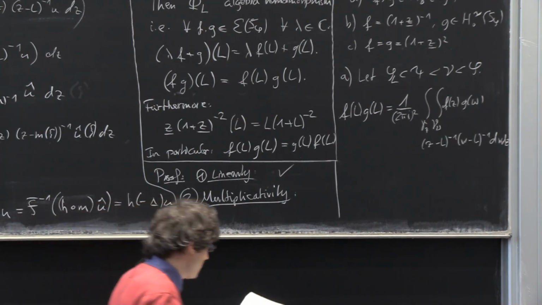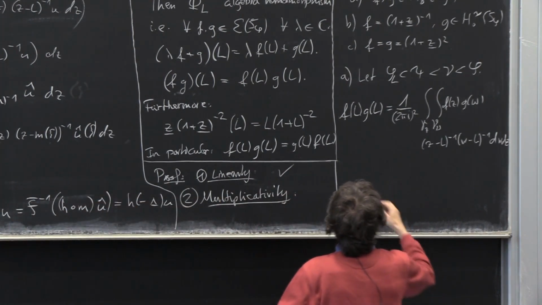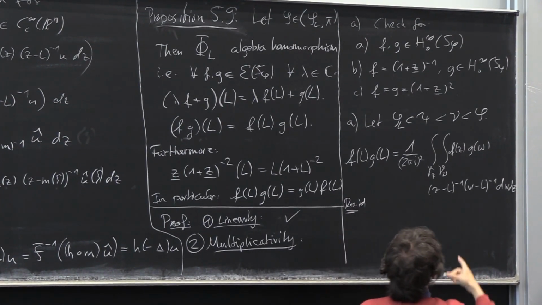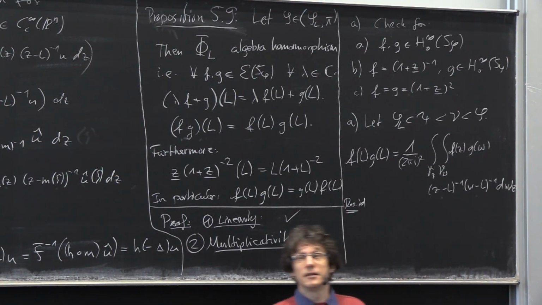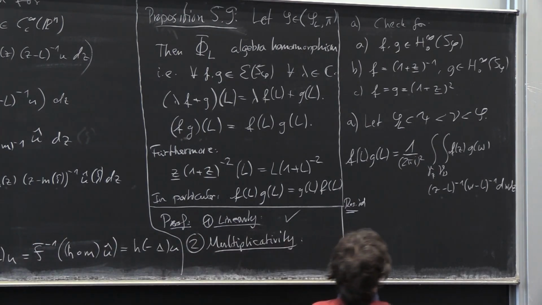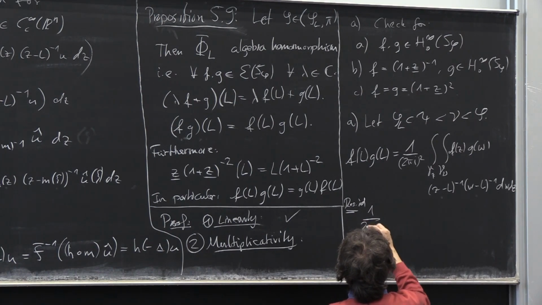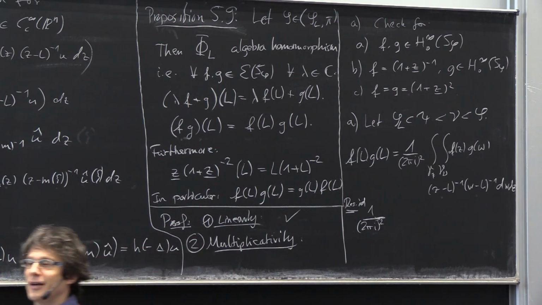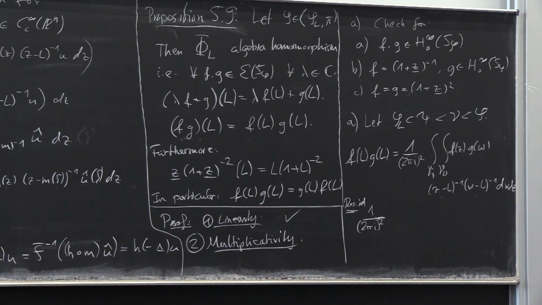And the main ingredient that you need for this is the resolvent identity. Here you have a product of two resolvents. This looks very much like the resolvent identity. So let's use it. So what do we get? Okay, I keep this 1 over 2 pi i squared. I will not make the i squared a minus 1 because this 2 pi i will soon separate again.